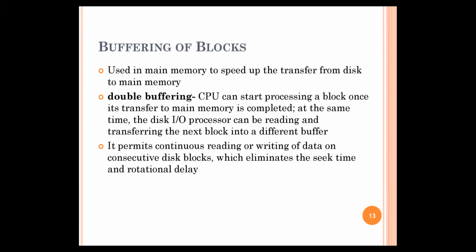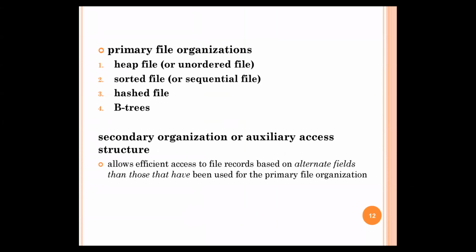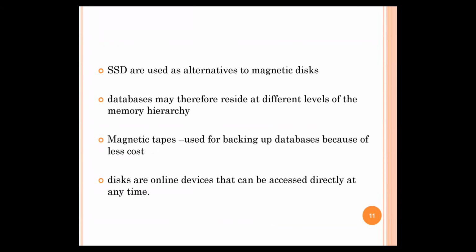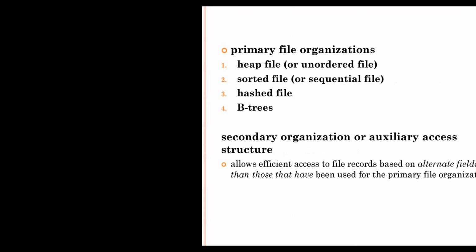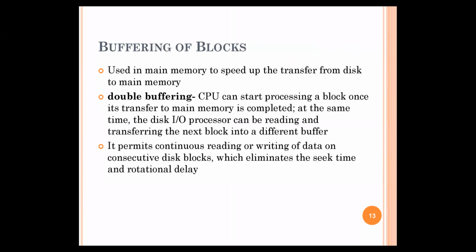So today we are going to discuss buffering of blocks. If you take the buffering of blocks, it is used in main memory to speed up the transfer from disk to main memory.